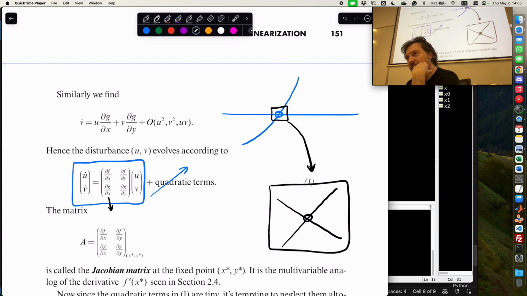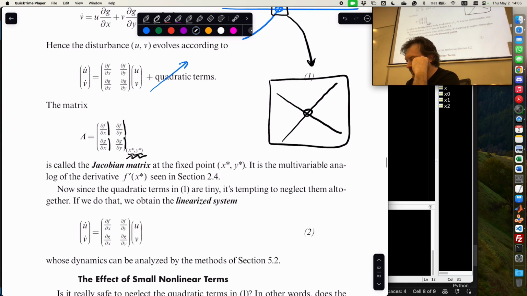They are numbers, because this whole thing is evaluated at x star, y star. So we evaluate del f over del x, del f over del y, del g over del x, del g over del y, all of them evaluated at x star, y star. So they are just numbers. Okay, which is called, maybe you have heard of this, the Jacobian matrix. Yes. In other contexts, you have heard of it.